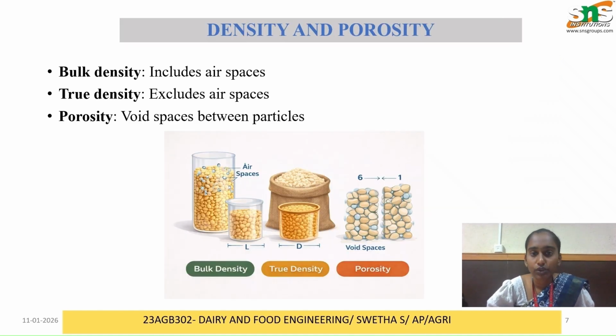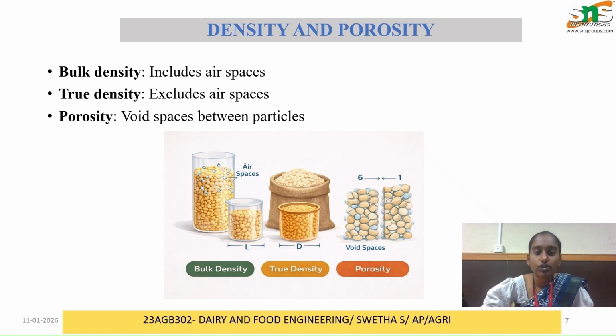And density and porosity: there are two different types of density, bulk density and true density. In true density, we calculate the density of a grain without the air spaces. In bulk density, we calculate the density of the whole grain including the air spaces. What is porosity? As we all know, porosity is the empty space between two grain particles.